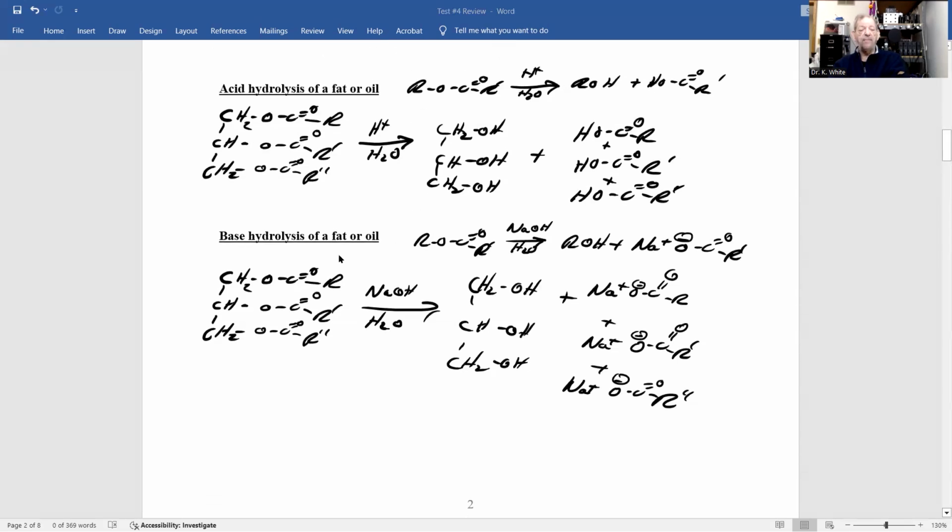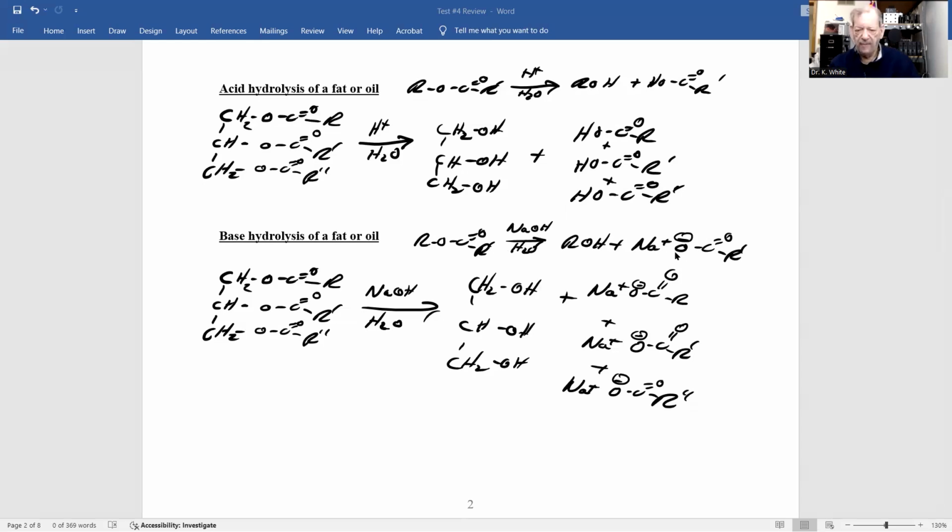Now, you can also have base hydrolysis, otherwise known as saponification of an ester. And here I'll use sodium hydroxide and water, NaOH, as our base. And here we have an ester. You get back the alcohol you would have used to make that ester, but the carboxylic acid in the presence of base makes the carboxylate anion.